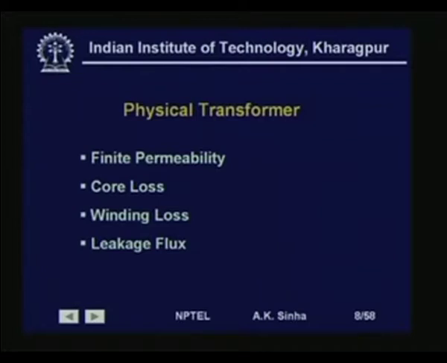Now, in case of a physical transformer, we have finite permeability, there are core losses, there is loss in the winding because the winding has a resistance, and there is going to be a voltage drop because the core does not have infinite permeability. So, some flux will pass through the air path.